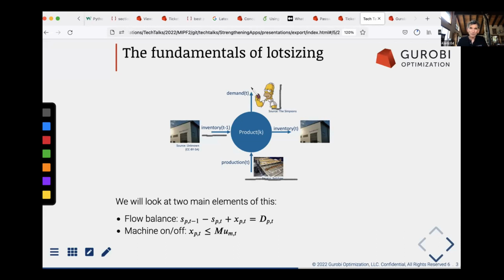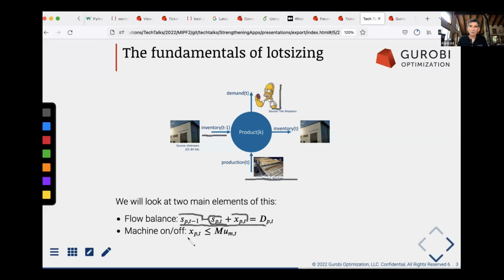So in terms of translating this visualization of the model into constraints, there really are two. There's the fundamental balance of flow, which says that what you produce in this time period plus the inventory you have available in this time period has to equal the demand plus any product that you push forward as inventory to the next time period.